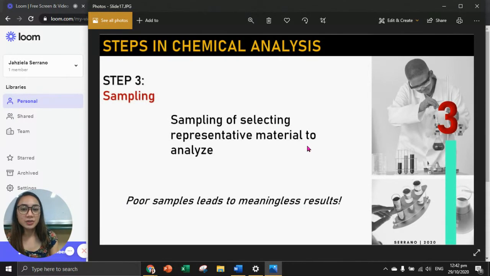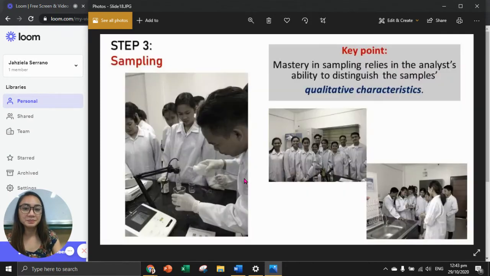And now, you have to find the sample. So, dito, sabi naman, before we move on, sabi, poor samples lead to meaningless results. So, ibig sabihin, pag pangit yung sample mo, in the first place, hindi mo ginamit yung qualitative characteristic na hinahanap sa study, then, baliwala lahat ng effort mo, right?